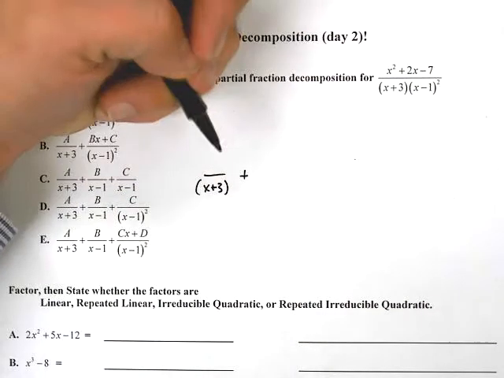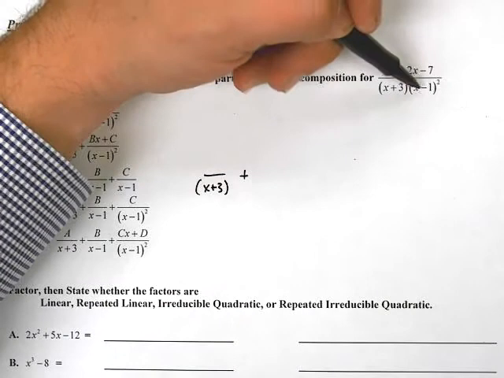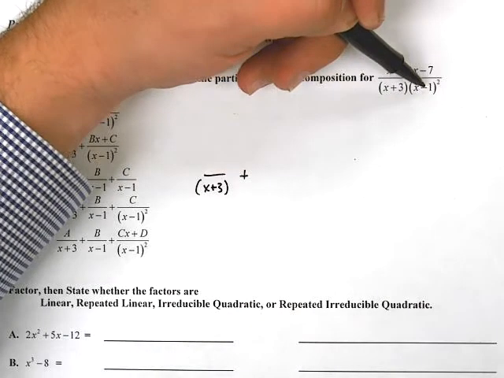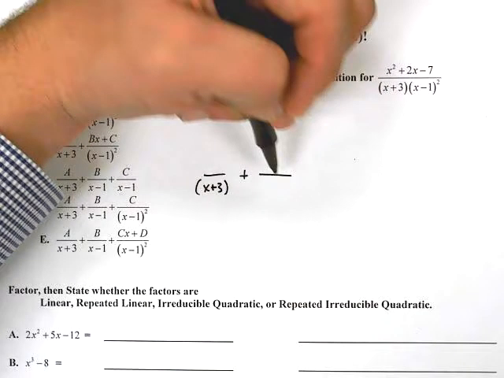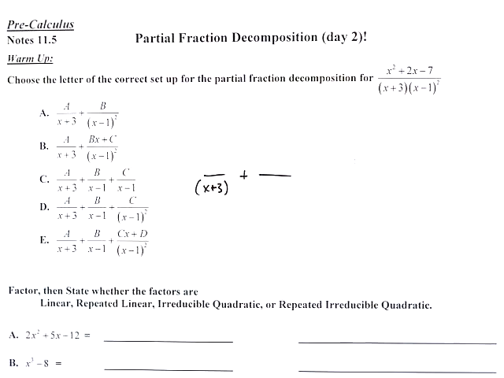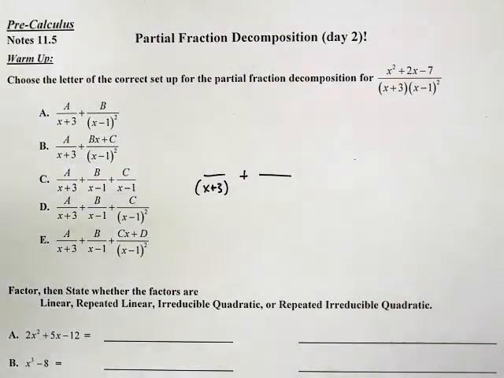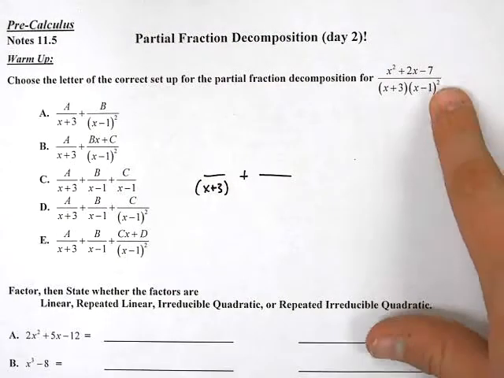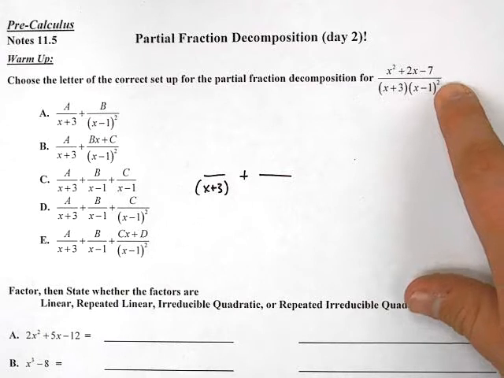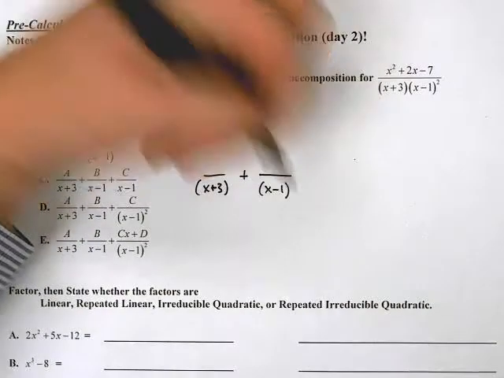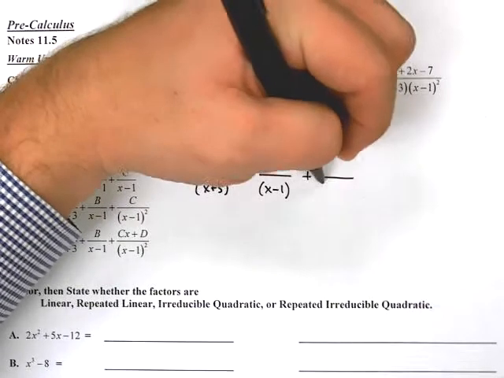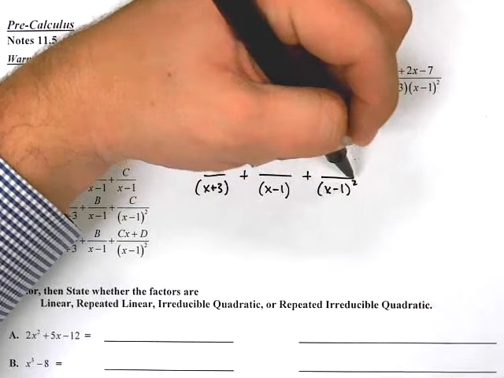Now, the tricky part, and the one you have to remember, is when you have a repeated linear factor, you need to also include all of the degrees less than the total degree that I see here. Because this is degree 2, I also need to include a degree of 1, and then I'll have the degree of 2.